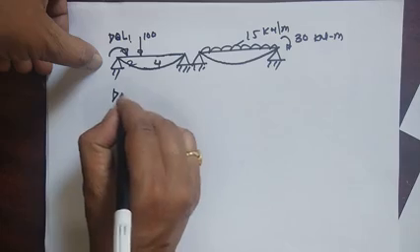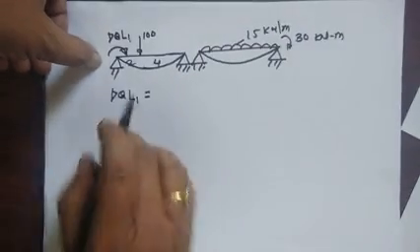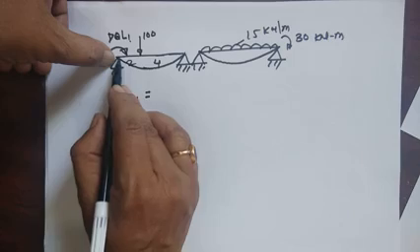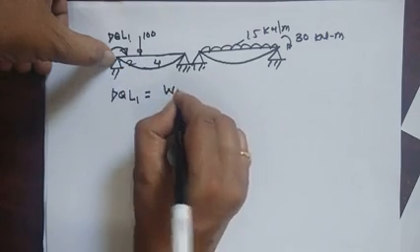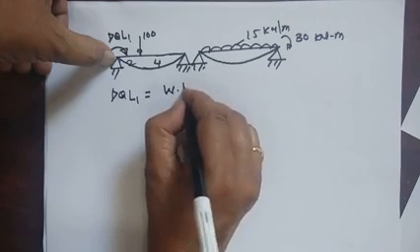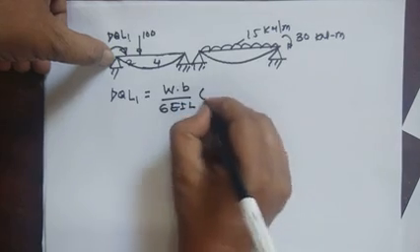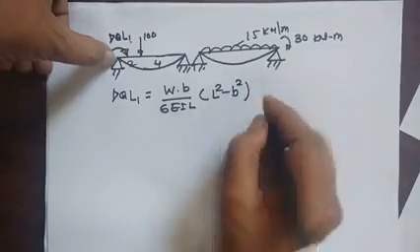So DQL1 that is equal to the rotation or slope developed at this end due to only this load. So that formula is W into B divided by 6EIL into L square minus B square.